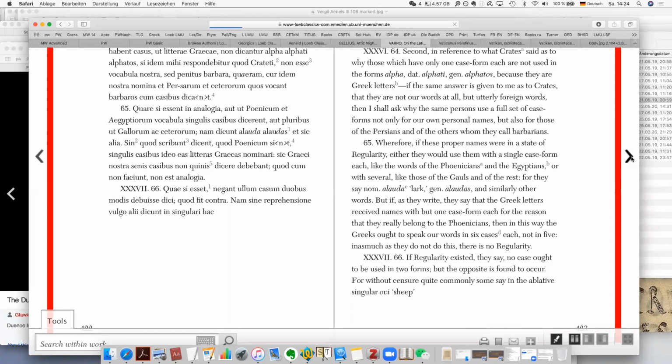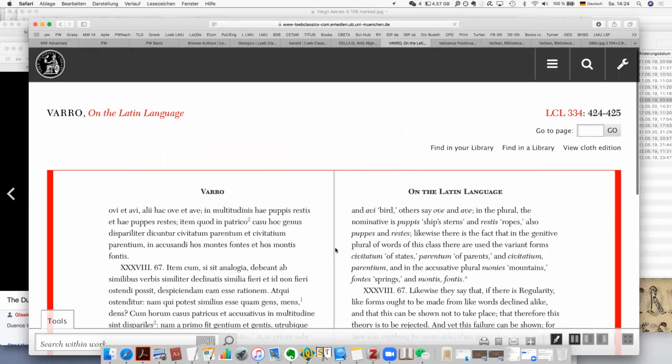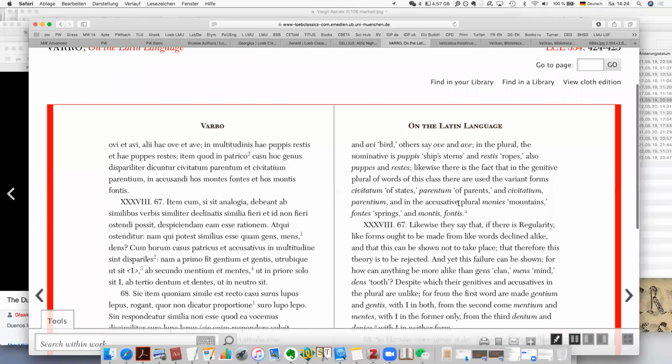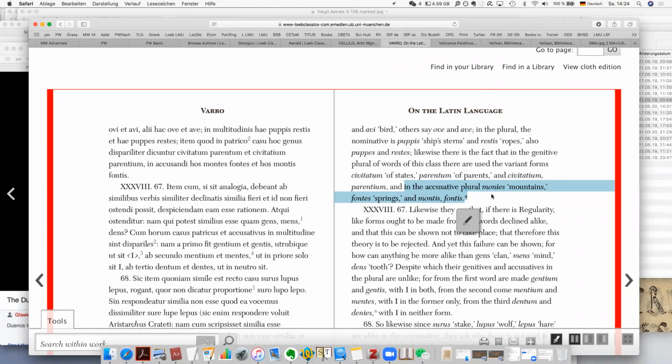He used such examples, and he also noticed this case. He noticed that in the accusative plural, for mountains, you can check the Latin: in accusandi, hos montes fontes and hos montis fontes.